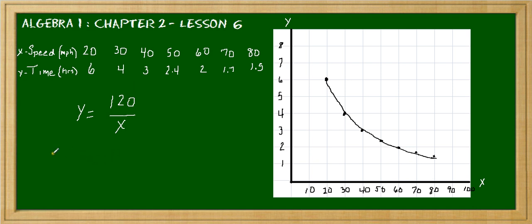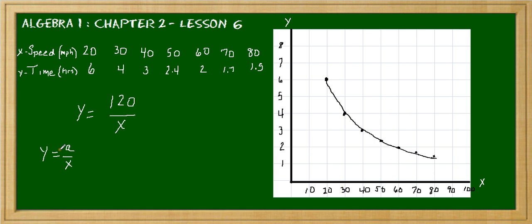This is our third form, in which a is a constant number other than 0. The number a is called the constant of variation, and the graph of the inverse variation is a curve, as we can see here at the bottom in this figure on the right on page 97.